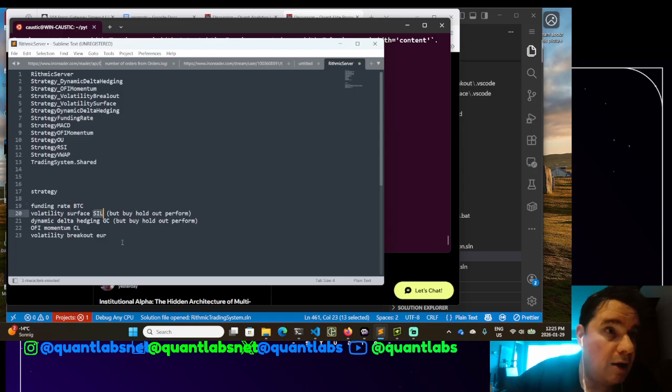For silver, now for silver and gold, it's really unique. We'll just say that the buy and hold since the fall has outpaced all the automated strategies listed. Okay. But if you just went with a buy and hold, you'd be doing pretty good. Now, the next best systematic strategy to go with is a volatility surface.